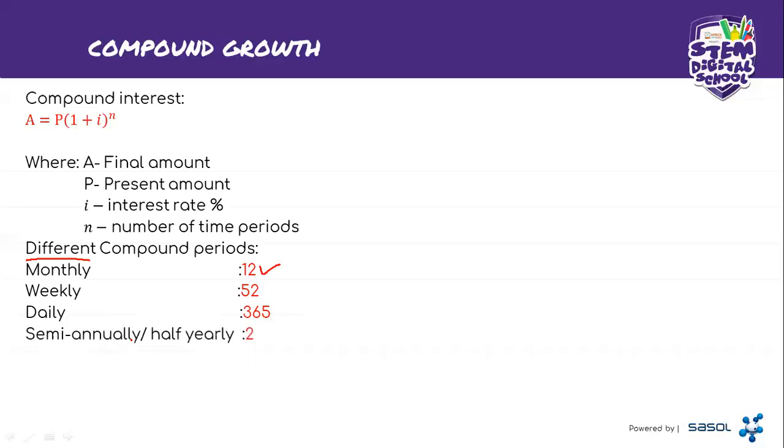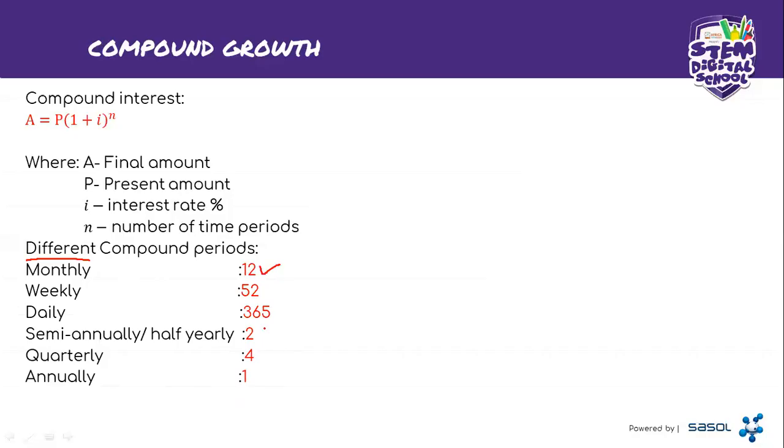And then semi-annually, or sometimes they call it half yearly. So it's 2, right? Half of a year. So the first 6 months and the second 6 months. So how many 6 months do we have? We have 2, all right? And then quarterly, we have 4. And then annually is 1, right?